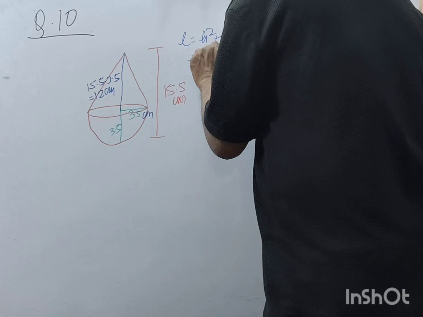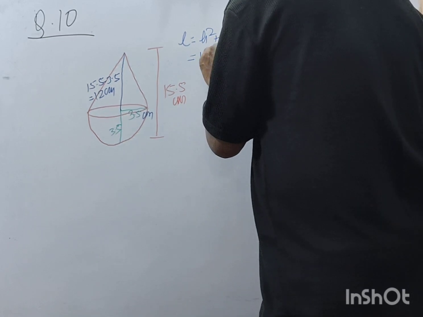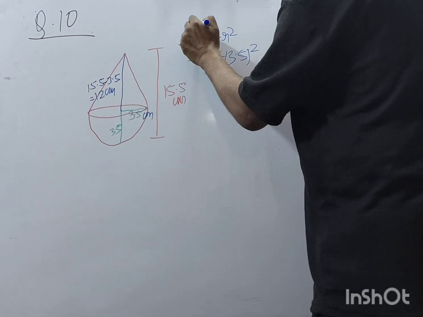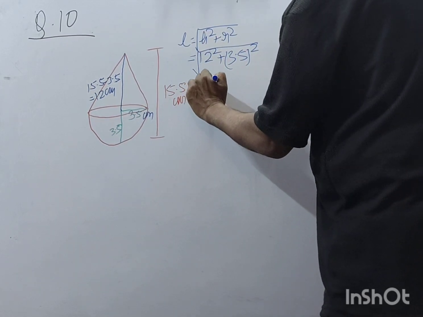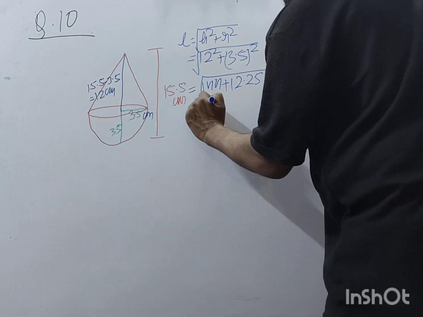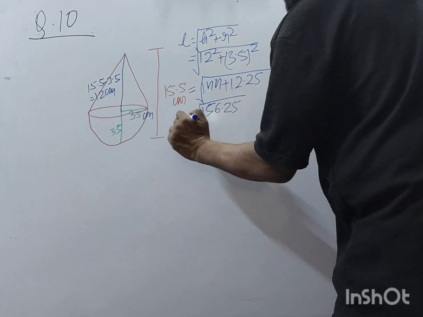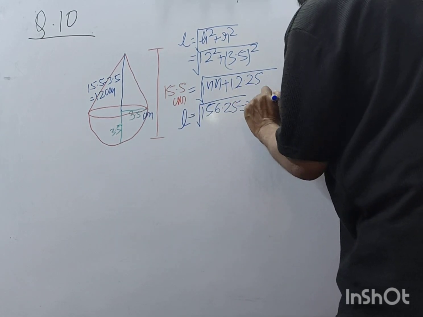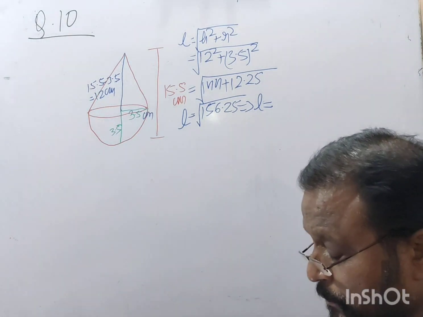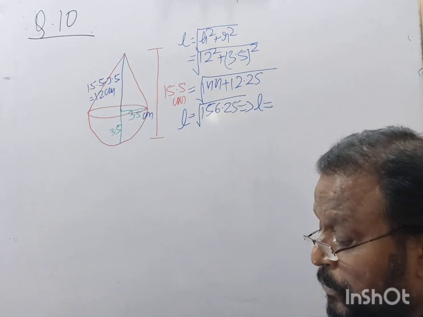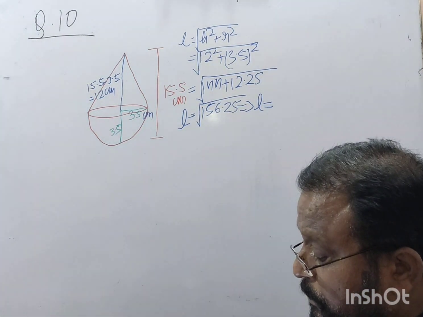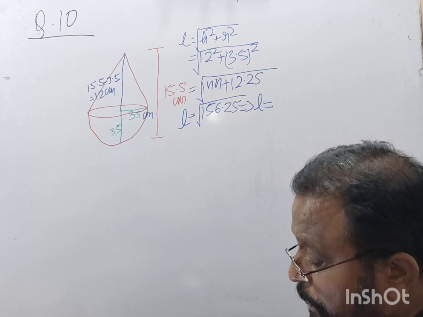So 12 square plus 3.5 square, whole square root. 144 plus 12.25 is 156.25, root over 156.25 is 12.5.